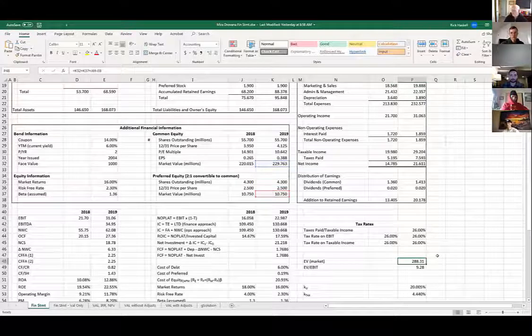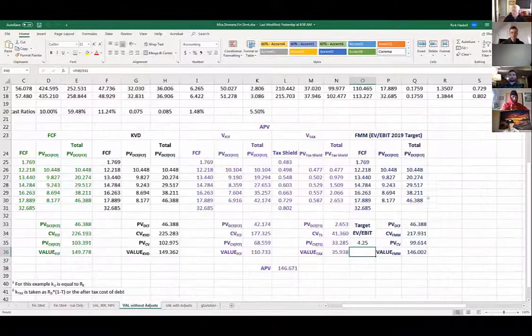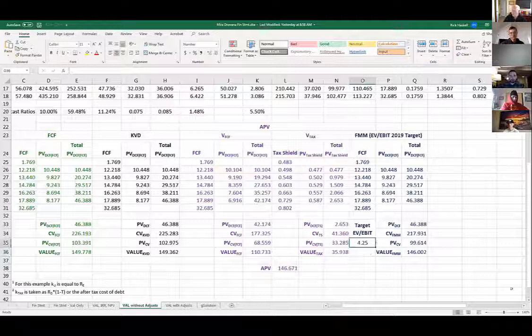When we looked at the EBIT for that moment in time, and when we looked at the enterprise value, we identified a multiple that is reflective of the information here of 9.25, 9.28. But when we actually run a valuation for this company, I used a multiple of 4.25.